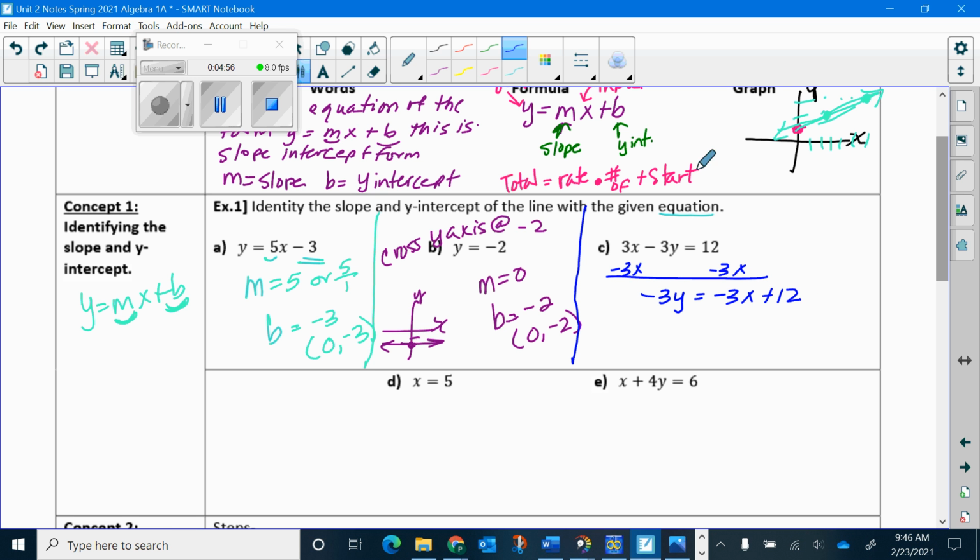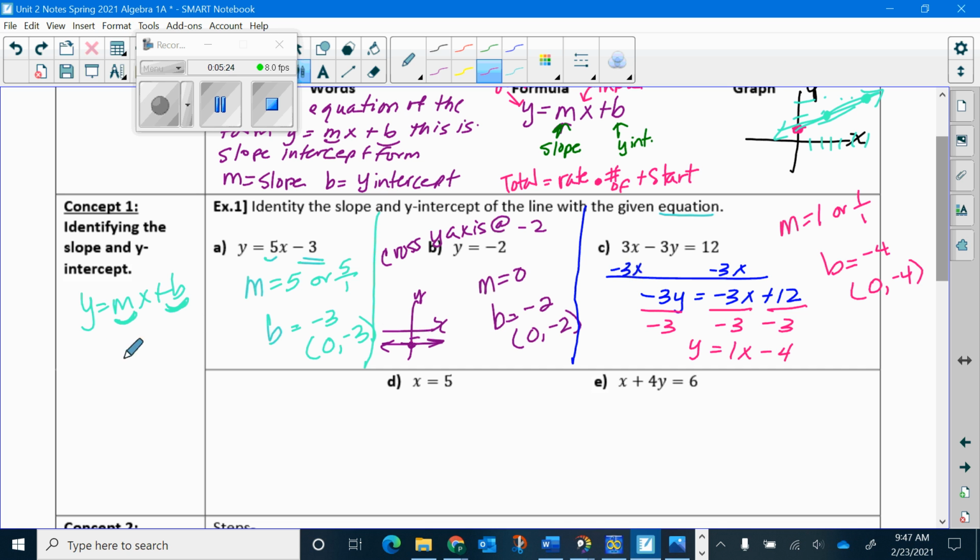And then we need to divide each of those by the coefficient of y, because we need to divide by -3. So I end up with y equals 1x minus 4. So my slope is 1, or you could write it as 1 over 1. And my y-intercept is -4, which we could write as (0, -4).